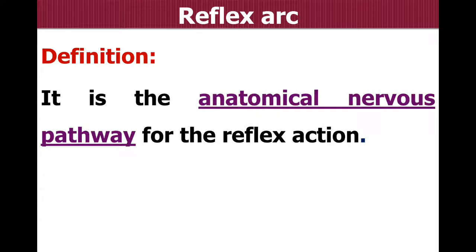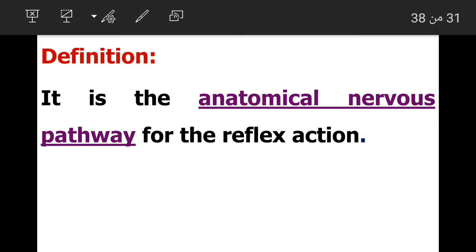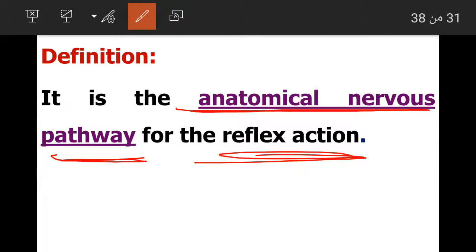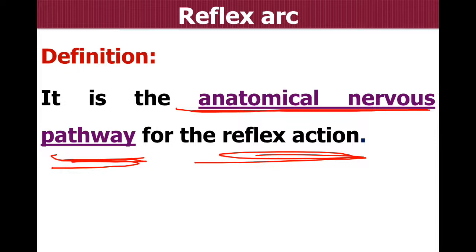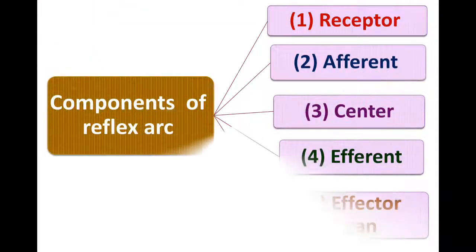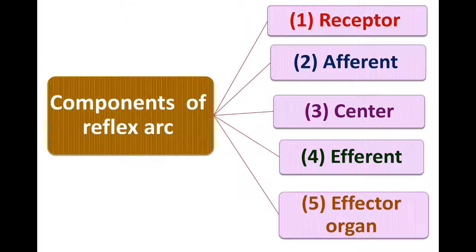Now, what is the reflex arc? قوس الانعكاس means the anatomical nervous pathway for the reflex action. Arc means pathway here. What are the components of the reflex arc?